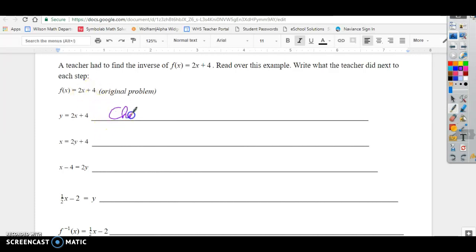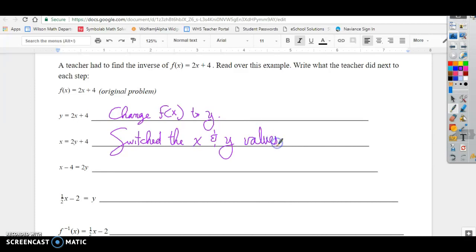All they did here was change f of x to y. Right, from here, it looks like all they did was switch the x and y values. At this point, looks like they subtracted 4 from both sides.